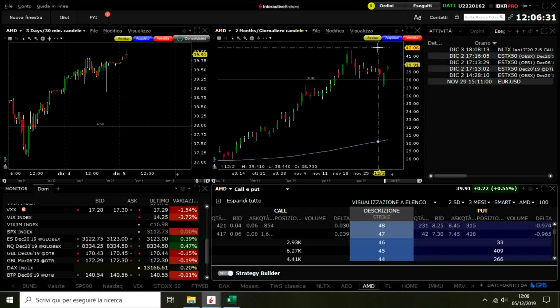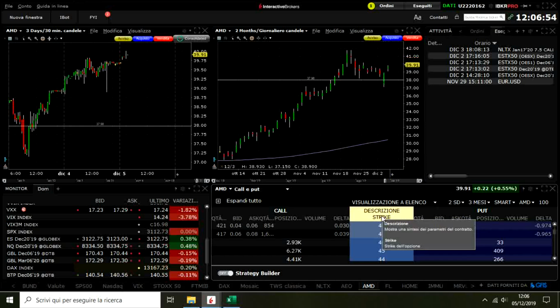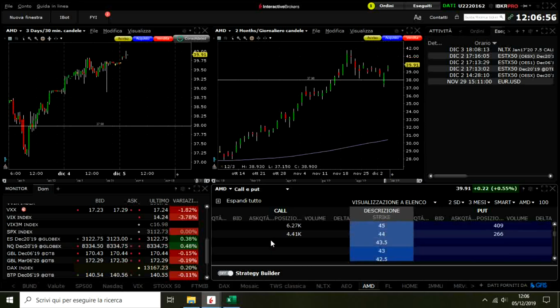It could be coherent with the expectation of a breakout of the previous relative maximum, which is 41.79, sorry, on November the 19th. So purchasing a call 42 could be coherent with the expectation of a breakout of the previous maximum, and it would be cheap for sure.